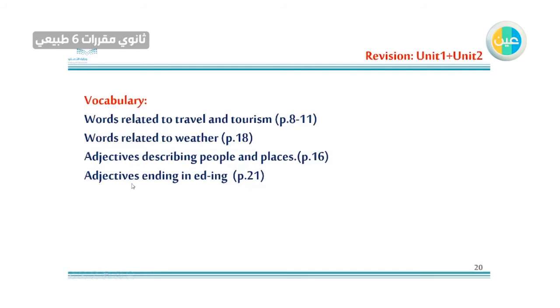Then adjectives ending in ed or ing, page 21. Again and again, we discussed them in detail in the previous lesson. Please go back to these pages and you will find full explanations, pictures, examples, texts.